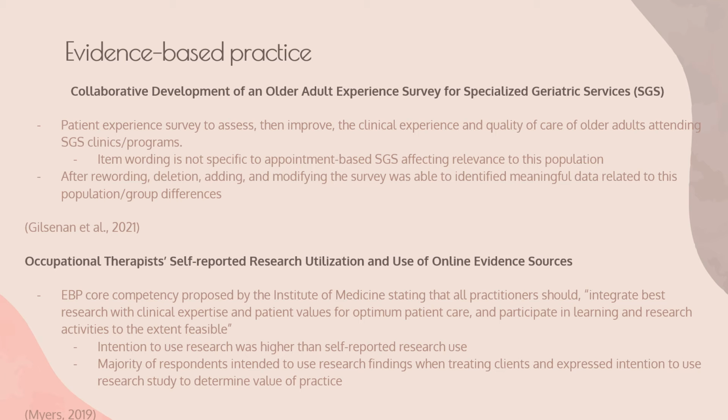Myers' data showed that the intention to use research was higher than the OT's actual research use provided in their self-report. Also, the majority of the respondents expressed the intention to use research findings when treating clients and use it to determine value of their practice.